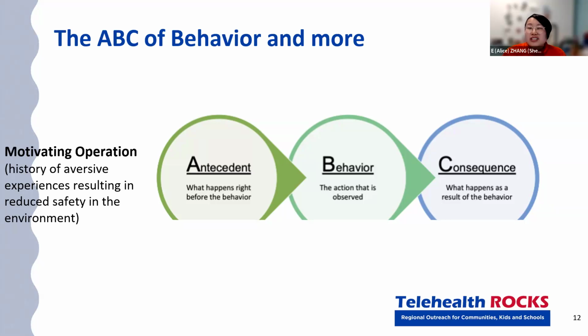So for example, the child's development history, family history, the environment, and how that behavior has been historically reinforced or not reinforced over time. All that information can have impact on how that behavior occurs or does not occur. And this actually also includes past trauma, which can play a significant role in shaping behavior as well. Next slide.